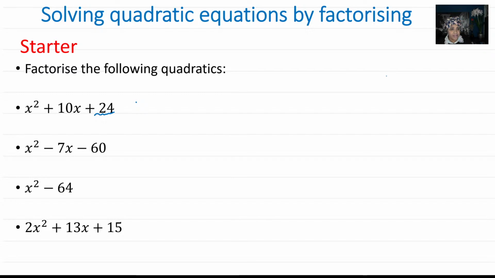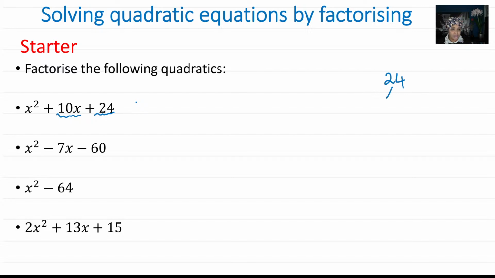So you take that 24 and then you also look at the number in the middle, the one with the X only, not the X squared at the moment. And then you ask yourself, what factors of 24 will add or subtract to give you 10. So two numbers that make 24, but when you add or subtract will give you 10.